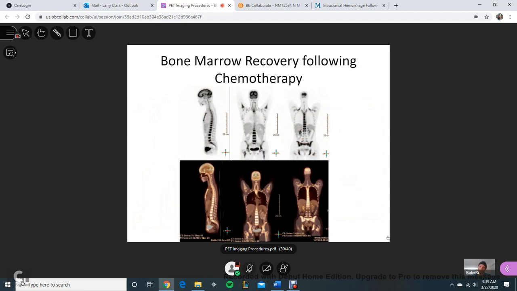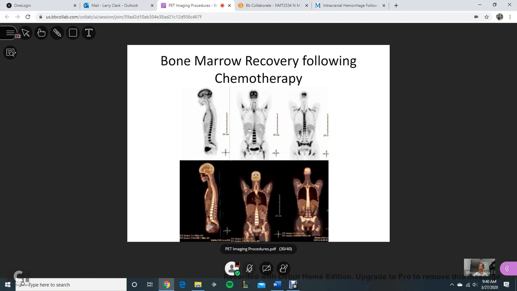This is bone marrow recovery following chemotherapy. So what's going to happen is you can see the patient is in recovery from chemo, so there's going to be increased uptake in that spine, okay, in the vertebrae and in that pelvic region. So it's very important for you guys to have good patient history, all right?